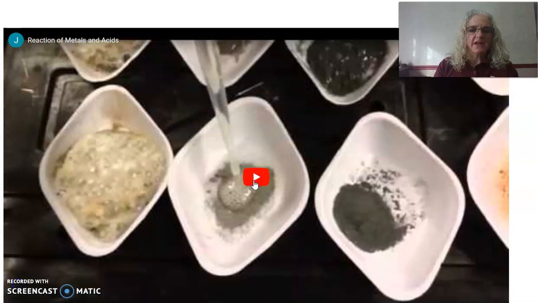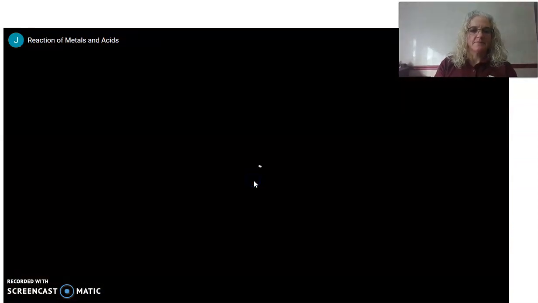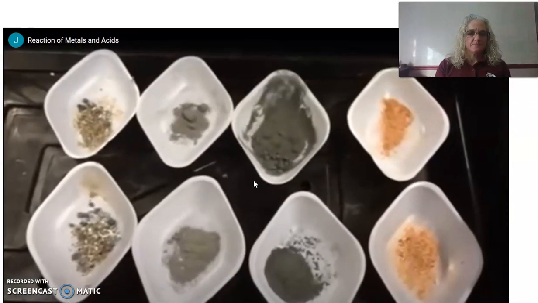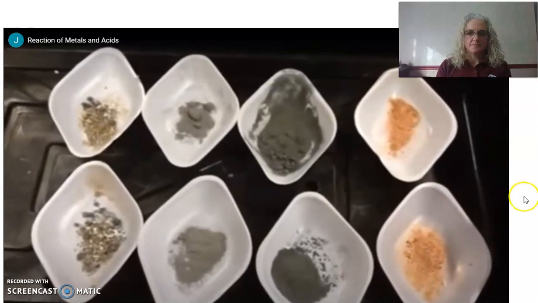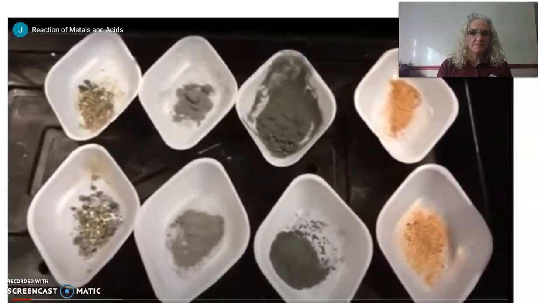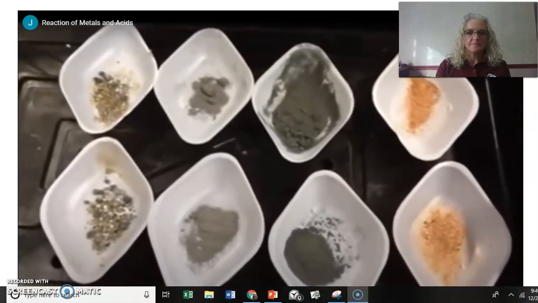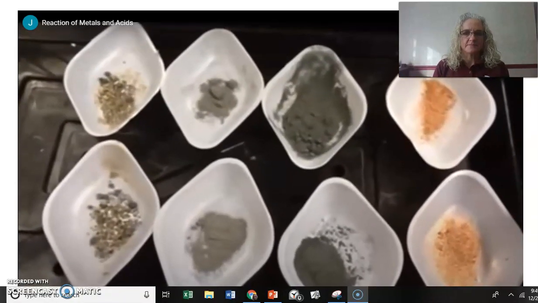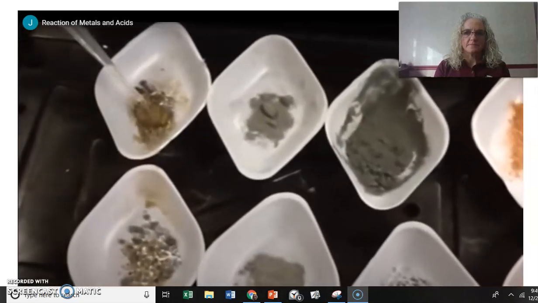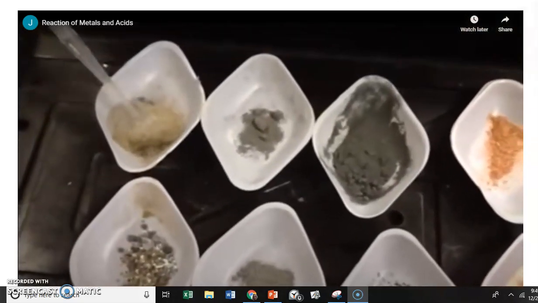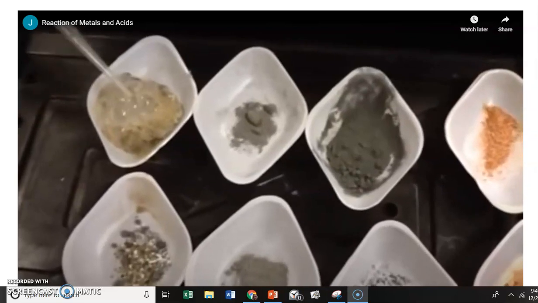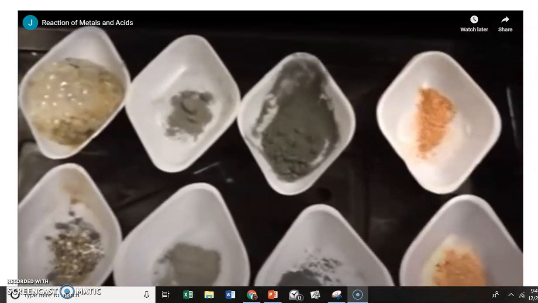Let's take a look at a reaction of metals with water, then metals with acid. Okay, so now we're going to react 4 different metals, calcium, magnesium, zinc, and copper with water, and we're going to observe what happens in each case. So first we're going to add some water to the calcium. Alright, straight away we can see it's reacting quite vigorously.